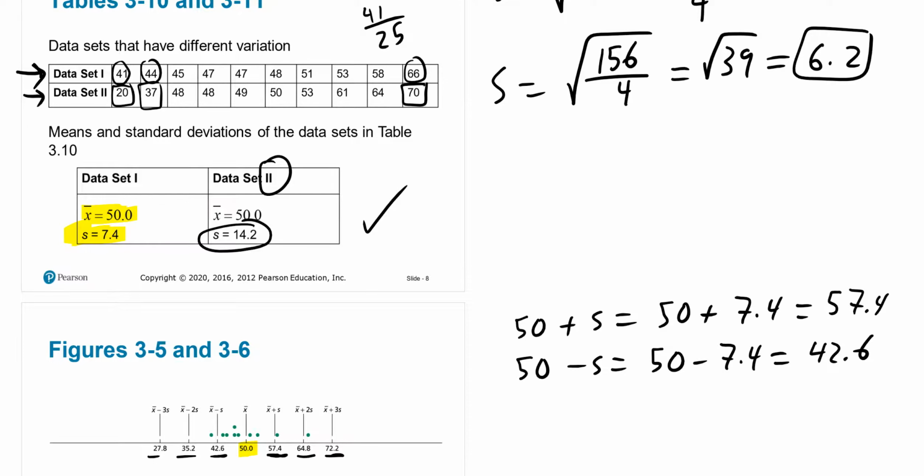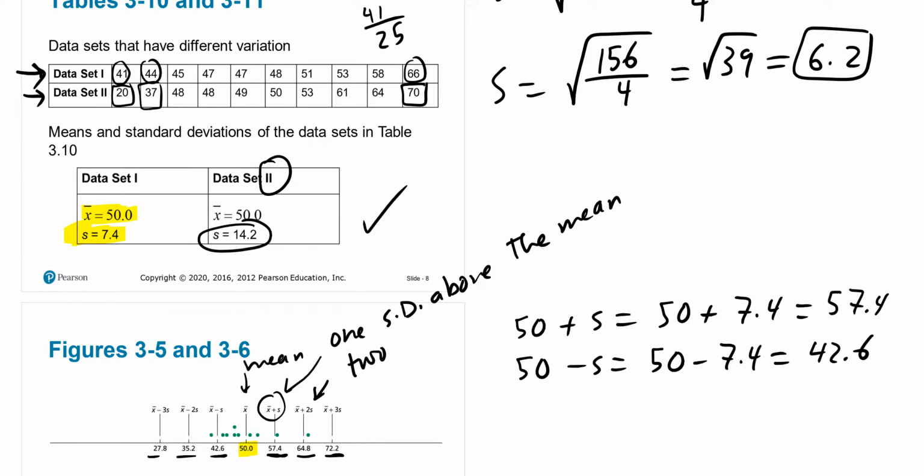So notice what we did. That's the mean. This one is called one standard deviation above the mean. This one is 2 standard deviations above the mean. This one, 3 standard deviations above the mean.